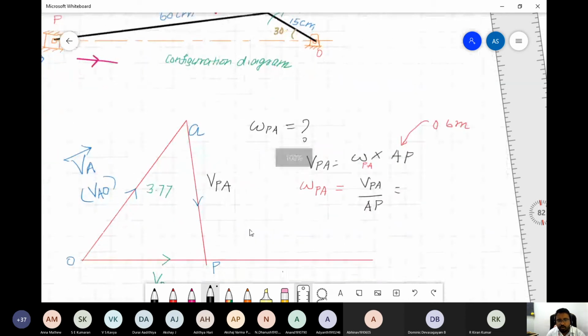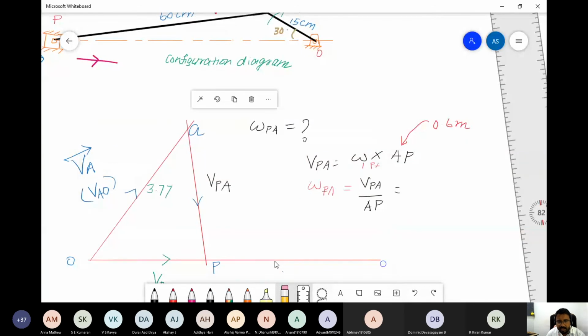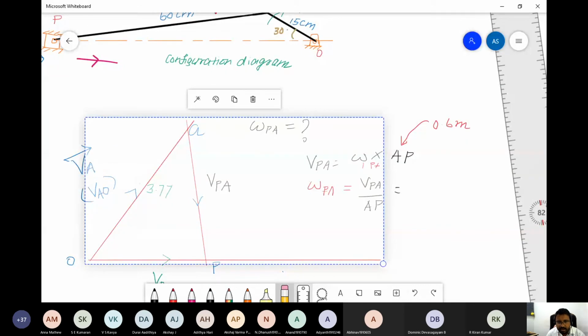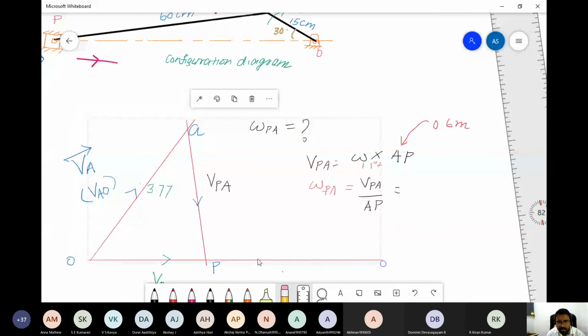Actually, when you finish the diagram, you can very well erase these things. You can erase the extension point as soon as you finish it.